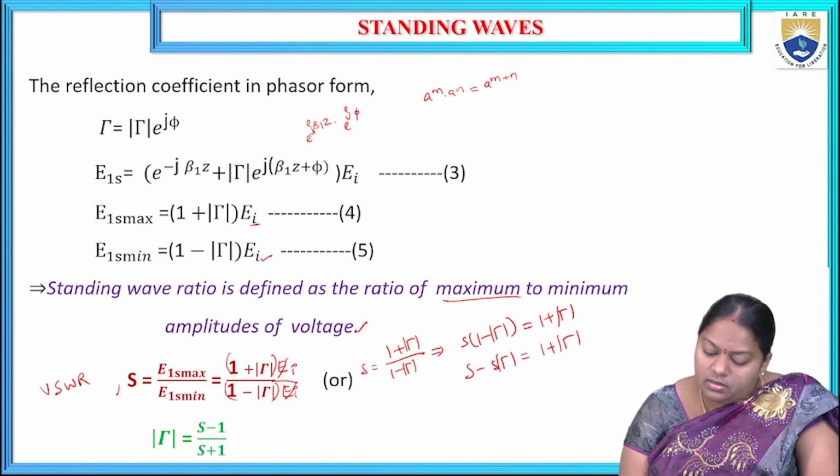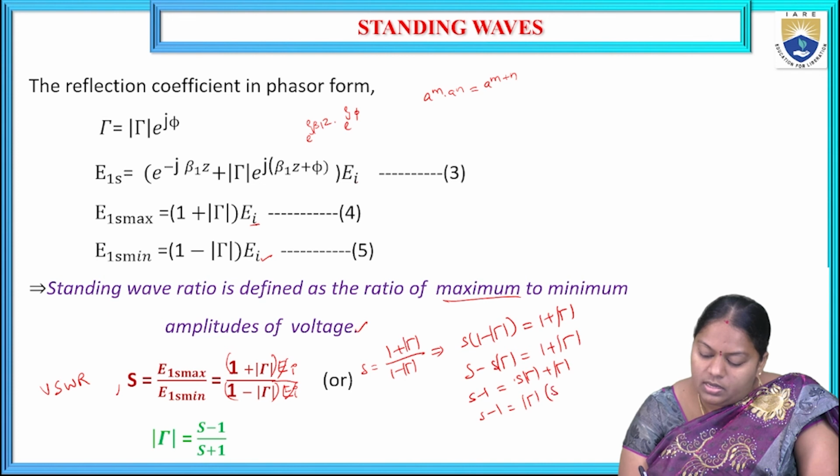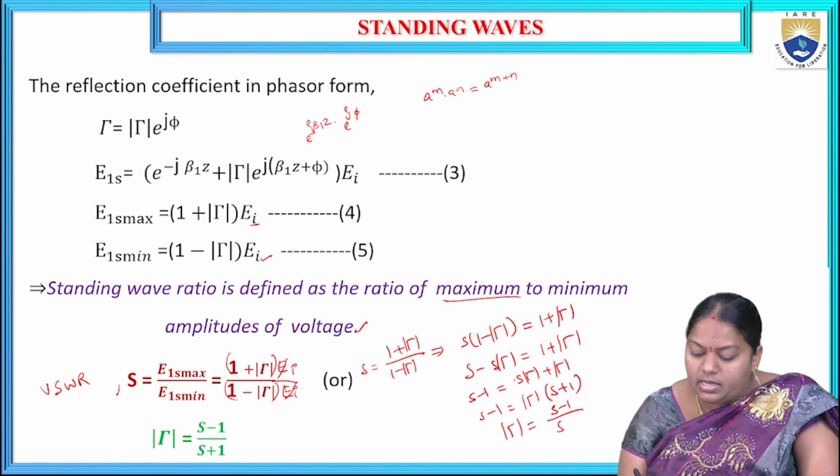Separating the reflection coefficient and S terms, S minus 1 equals S into modulus of gamma plus modulus of gamma. Taking mod gamma as common, S minus 1 equals mod gamma times S plus 1. From this, mod gamma equals S minus 1 by S plus 1.